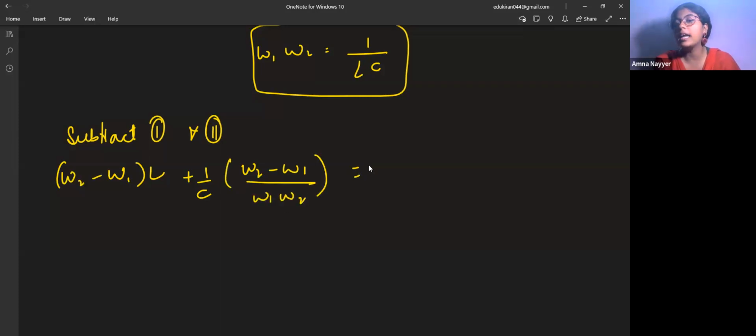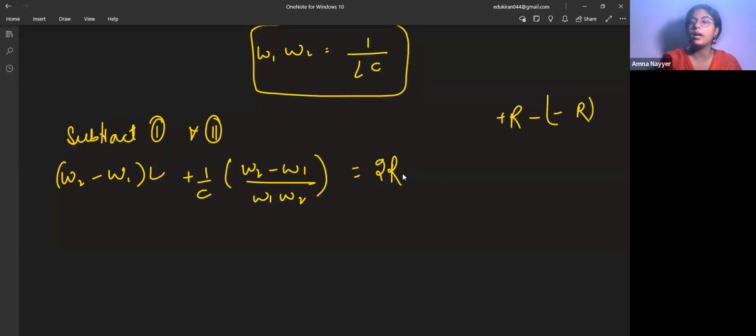But on the right hand side, it is R minus and minus R this time. So that actually becomes 2R. In the previous case, it was plus R and minus R, so they got cancelled. Right now, they are in opposite signs, so one negative sign will make it positive, so that will become R plus R, which is 2R. Fine.